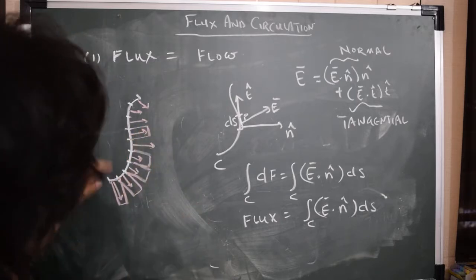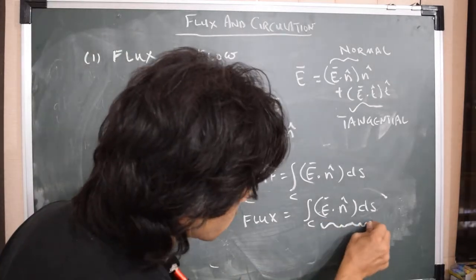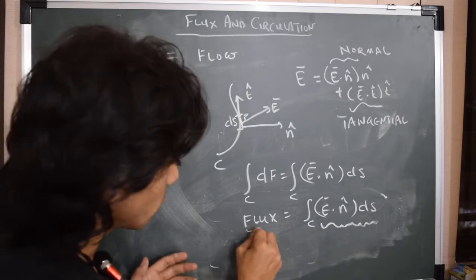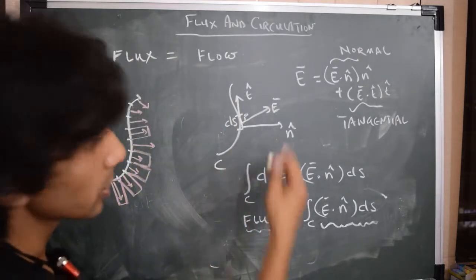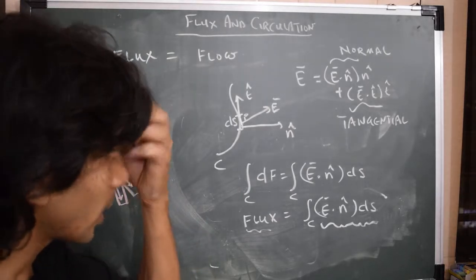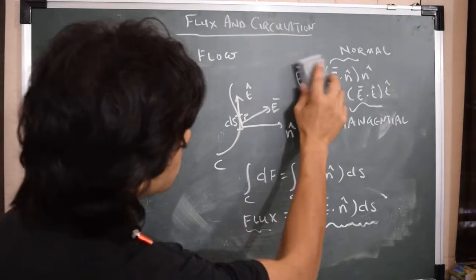The sum of the areas of these rectangles essentially gives us the total flux through the curve C. So that's one important idea coming from vector fields.